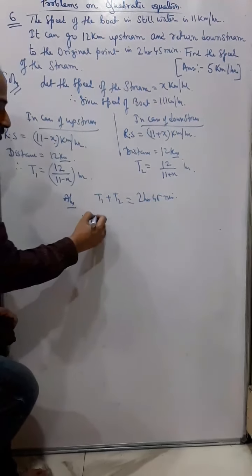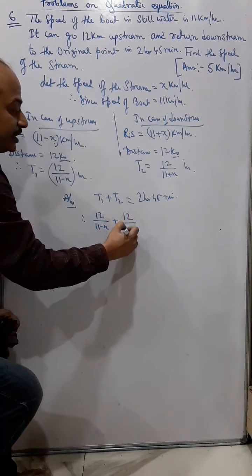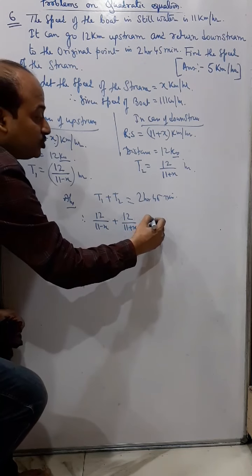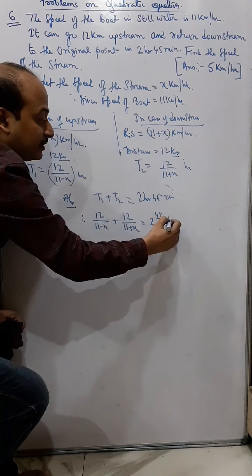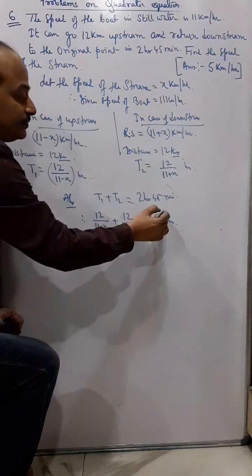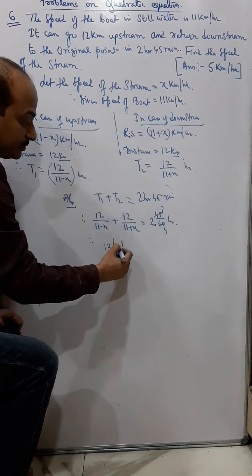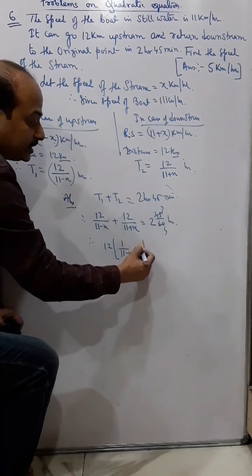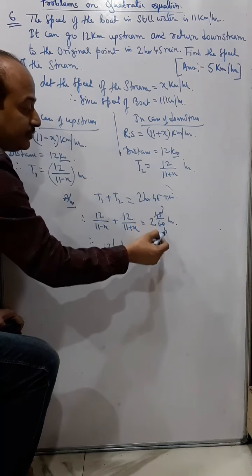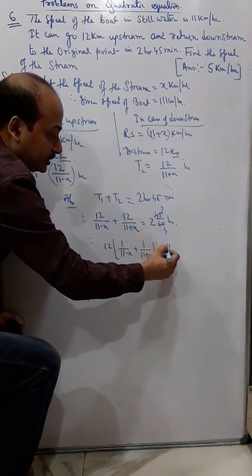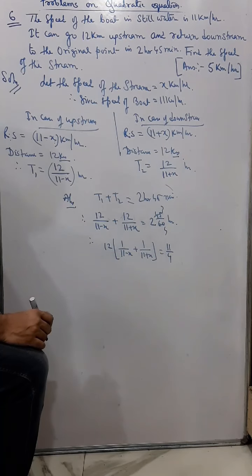So therefore the equation becomes what? 12 by 11 minus x plus 12 by 11 plus x, and that I'll write as 2 hours 45 minutes in hours. So I'll write 245 by 60 hours. Now for 15, 3s are 15, 4s are 60, so finally I can take 12 common. I get 1 by 11 minus x plus 1 by 11 plus x, and here you get 11 by 4.